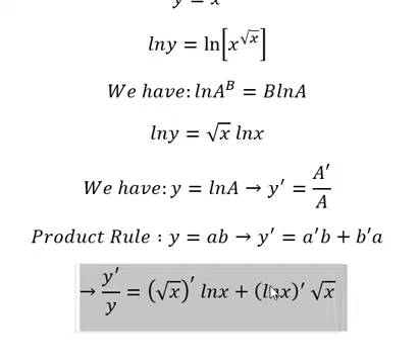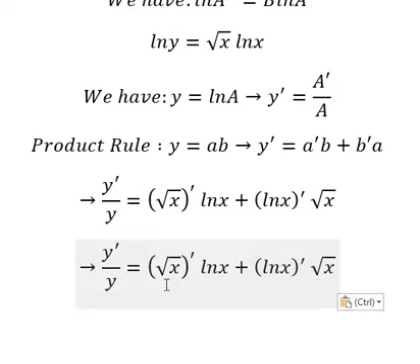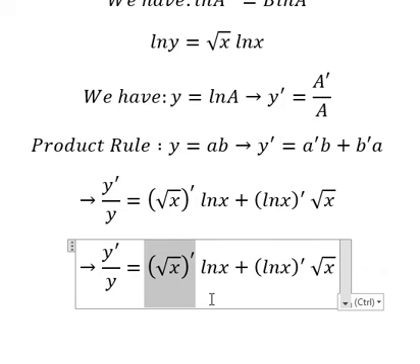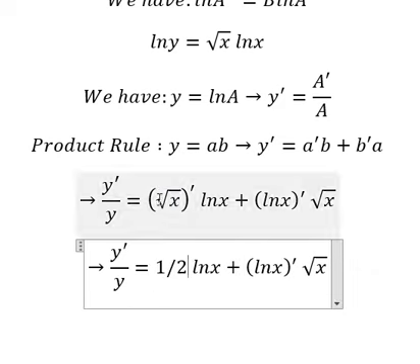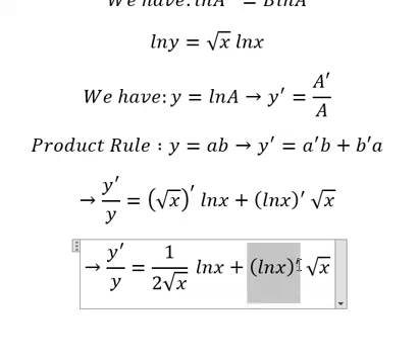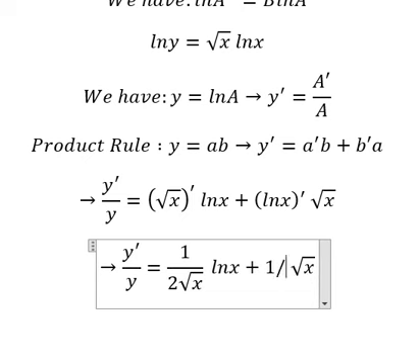So first derivative of the square root of s, we have 1 over 2 with the square root of s. The next one, that is about 1 over s.